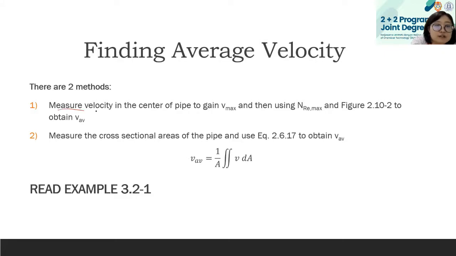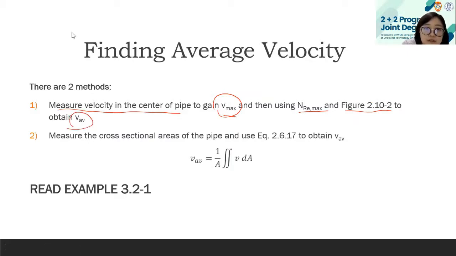First, find the velocity at the center of the pipe to get Vmax, so we put the pitot tube at the center line because then we can measure the maximum velocity. Then we use the maximum velocity to find the Reynolds number, and by using figure 2.102, we can find the average velocity.